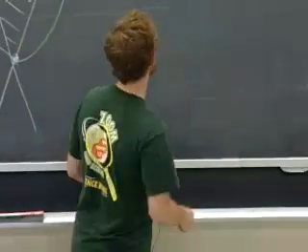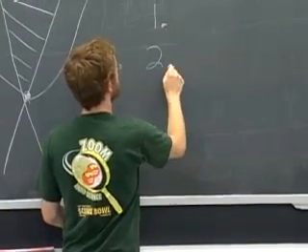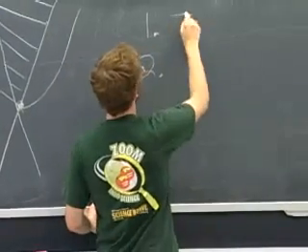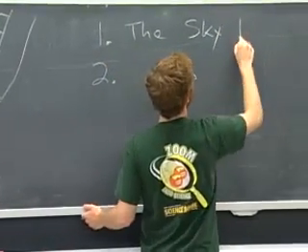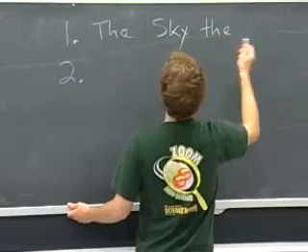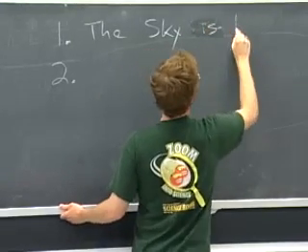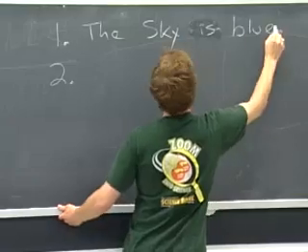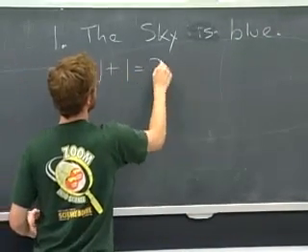And I always like doing this poll, but I want to ask you guys to vote. And I want you to decide the truth of the following. The sky is blue, and 1 + 1 = 2.